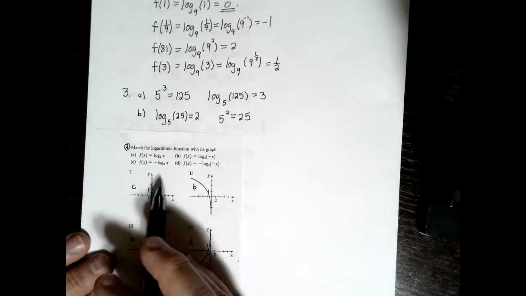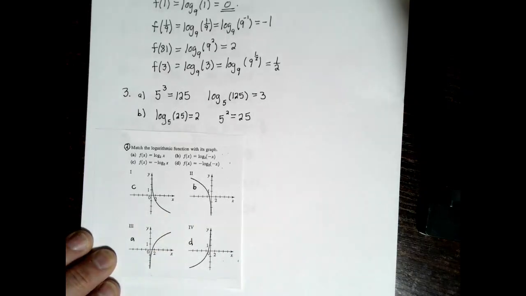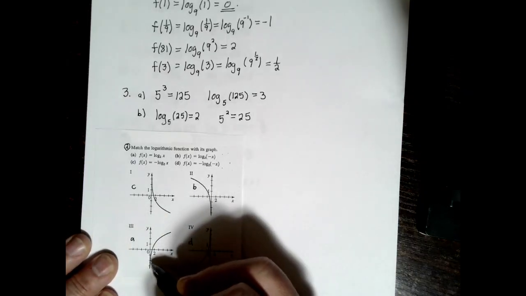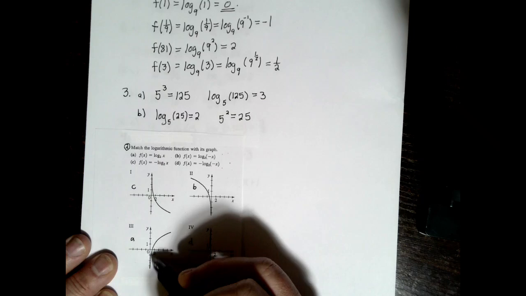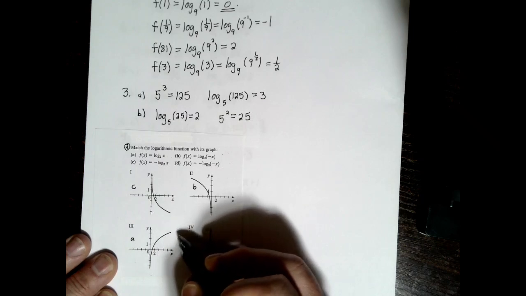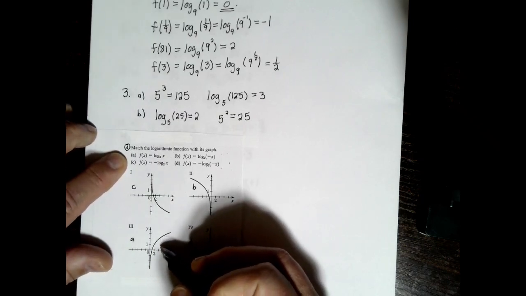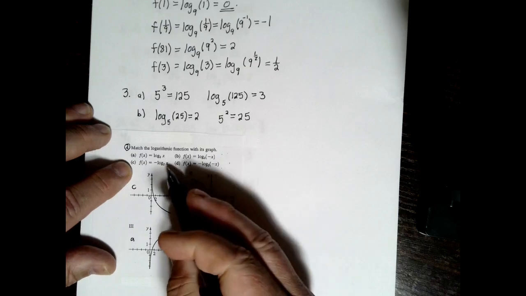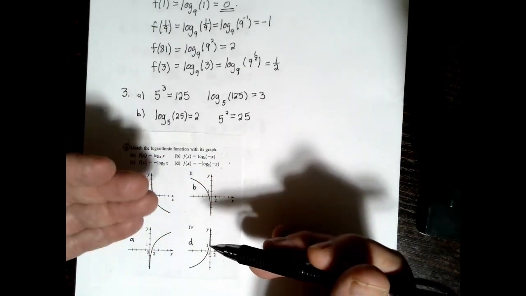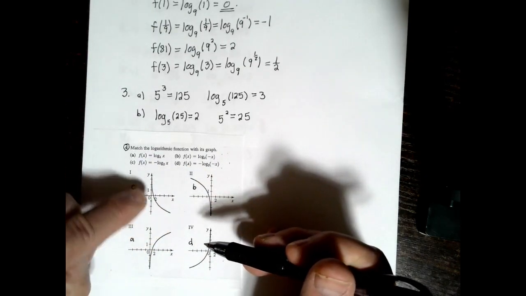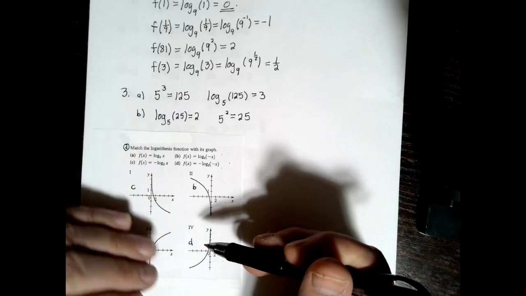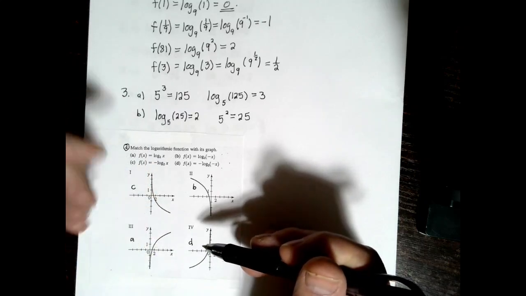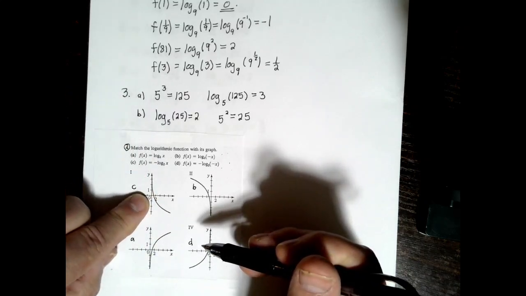Okay, now here they ask you to match up the logarithm with each one of these graphs. Well, we know the most basic log base 2 of x crosses at (1, 0) and goes off to the right, so that's a. And then if we put a negative in front, it's going to pivot it on the x-axis, negative log base 2 of x.